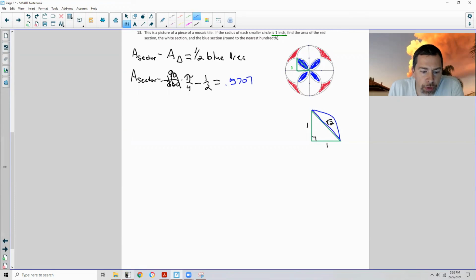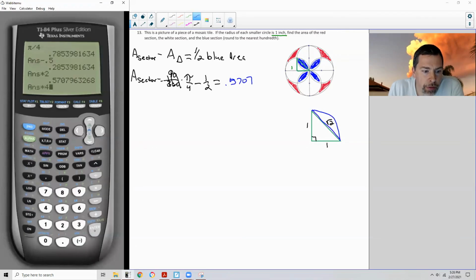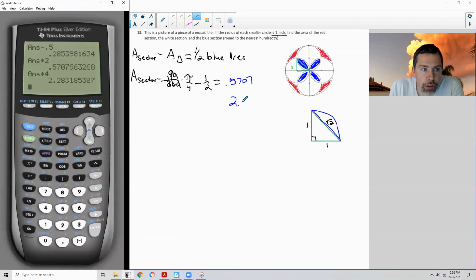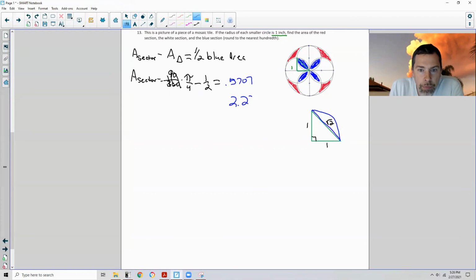Okay, but there's 4 of them. So I multiply that by 4 and I get 2.2832. And it says round to the 100th, 2.28 inches squared.